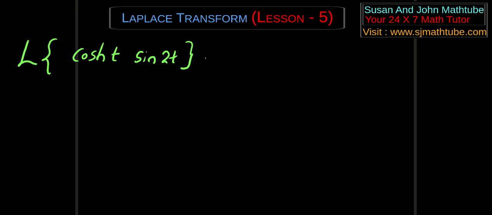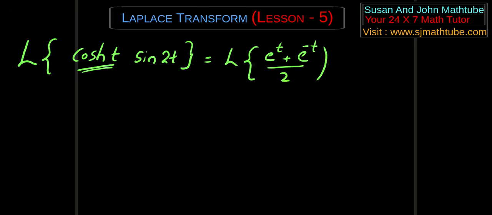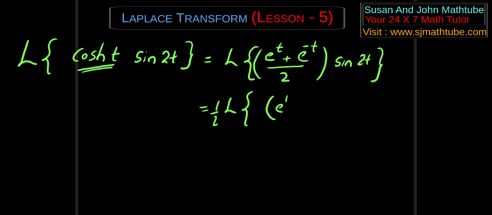This will be equal to Laplace of, what is cos? e power t plus e to the power minus t, the whole divided by 2, multiplied by sine 2t. That will be Laplace of, this 1 by 2 will come outside, and then e power t plus e power minus t into sine 2t.